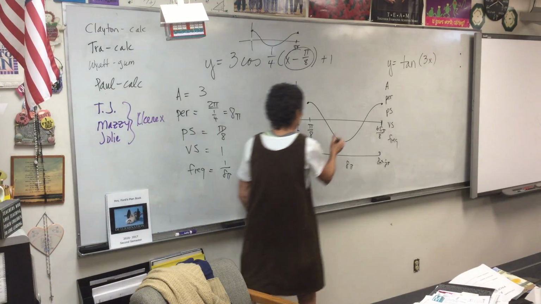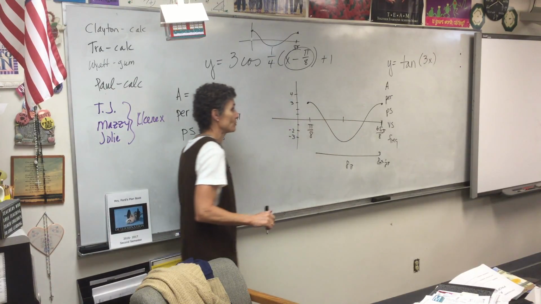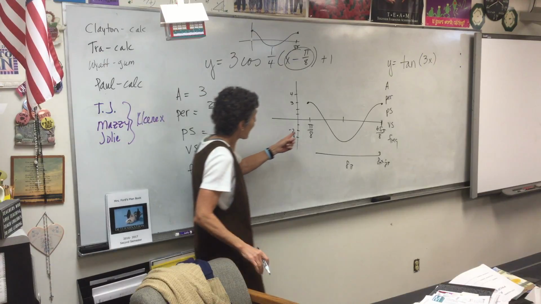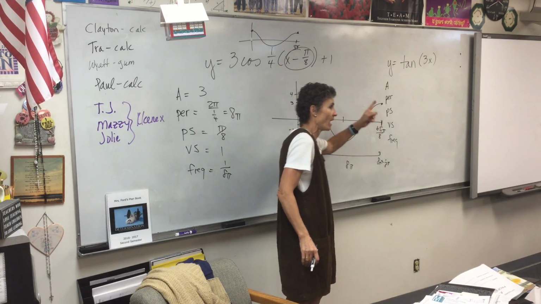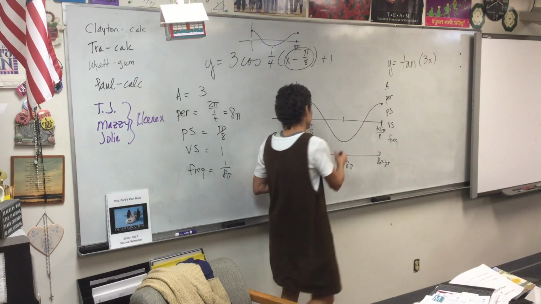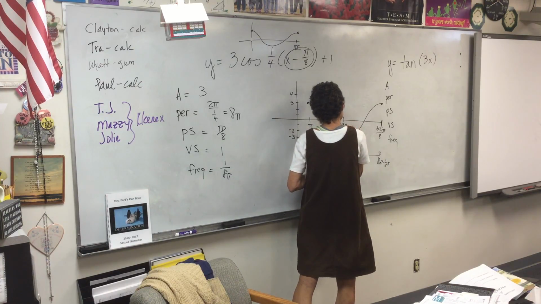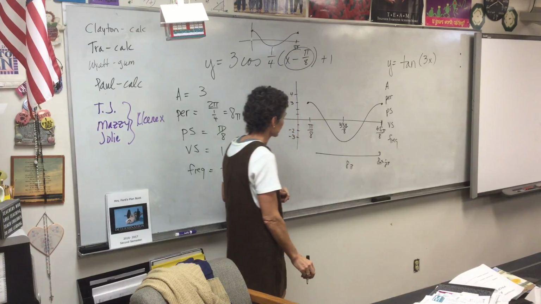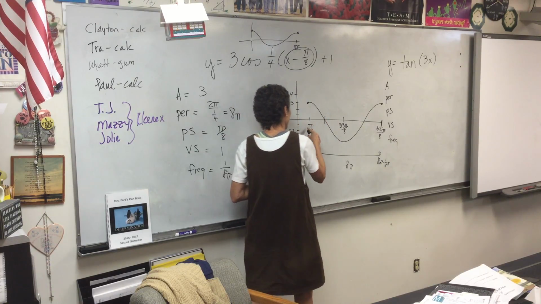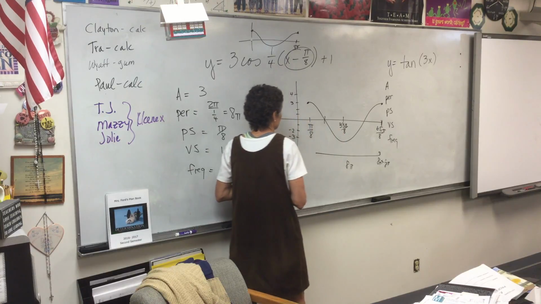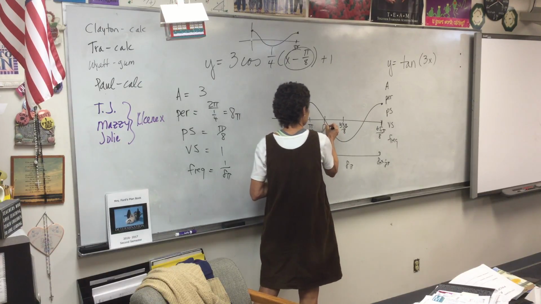Now, how about this point? This is the middle value, the midpoint. What is halfway between 1 and 65? 33. We add and divide by 2, so it's 33. Then we need halfway between 1 and 33. 17.